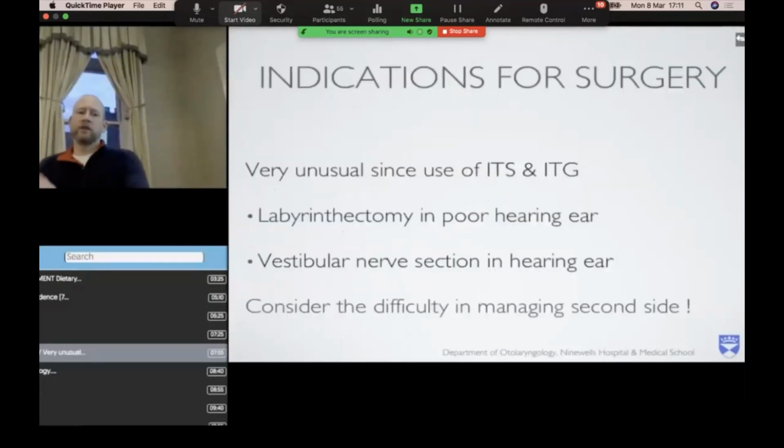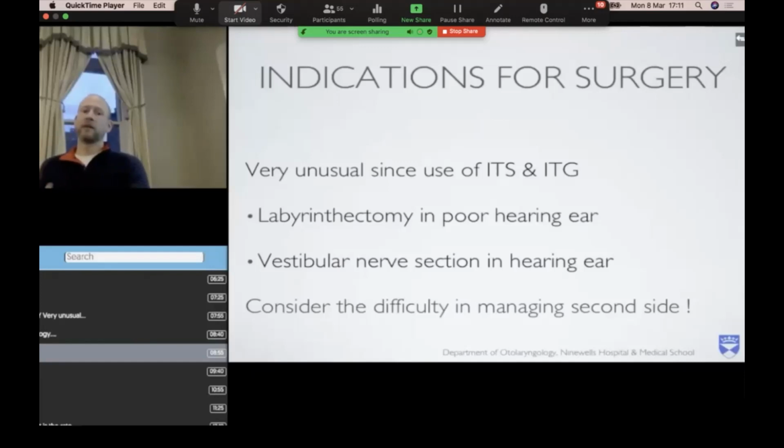Indications for surgery. If you're getting onto this, you're doing great in your Meniere's viva. I would say it's pretty unusual because with the success rate of steroids or gentamicin being 90%, you're going to have only a few people who are ever going to get to this level. And your 2 options in that circumstance would be a labyrinthectomy. That will get rid of the dizzy attacks, but it's going to cause imbalance and they're going to lose the hearing.